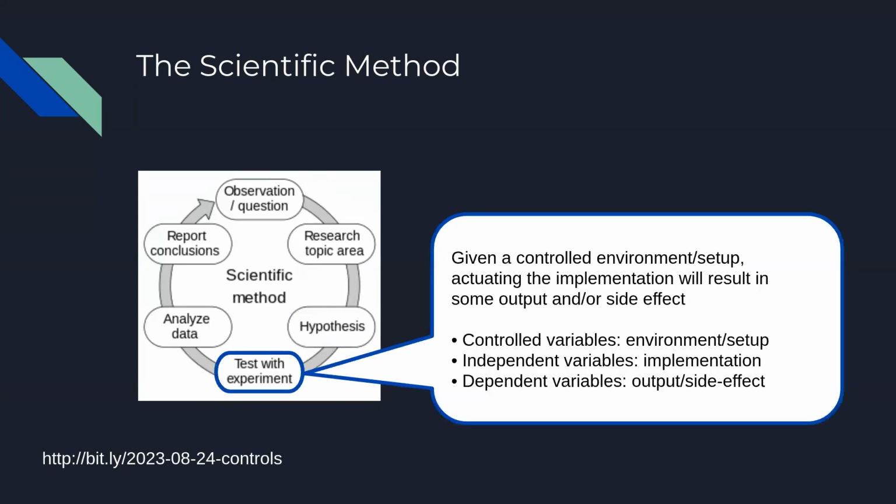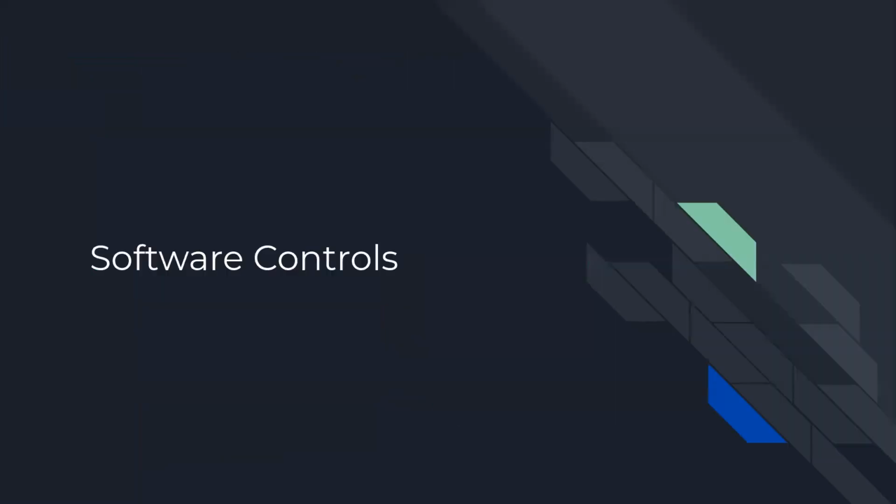When you test with an experiment, you control some things, feed in some input, and then expect a certain output based on the things that you controlled. So that's how we're applying this scientific method to our software development. Oops, apparently the scroll bar goes back and forth.